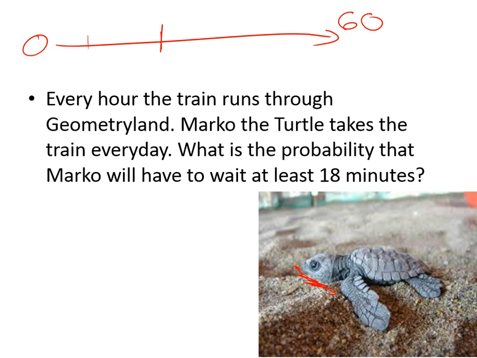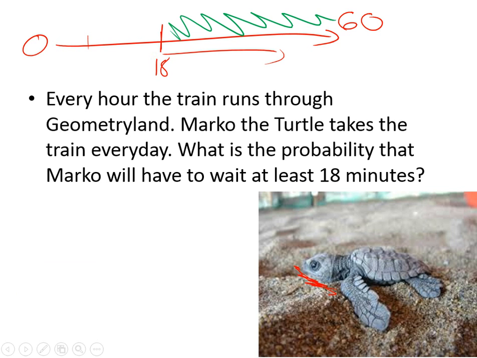We're looking at 18. We're good at 18 because he has to wait 18 minutes, and any time after 18 is also fine, up to that 60. So anywhere in here we are golden. We're going to put it all over 60 because there's that many minutes between each bus.